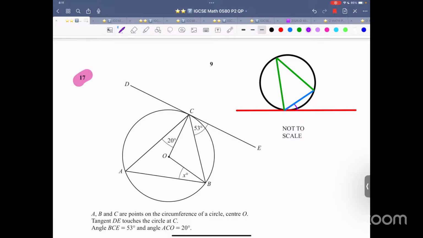This angle over here, the one that I'm shading in purple, that is the same thing as this angle over here, the one I've shaded in purple. Now, let me label with some names.